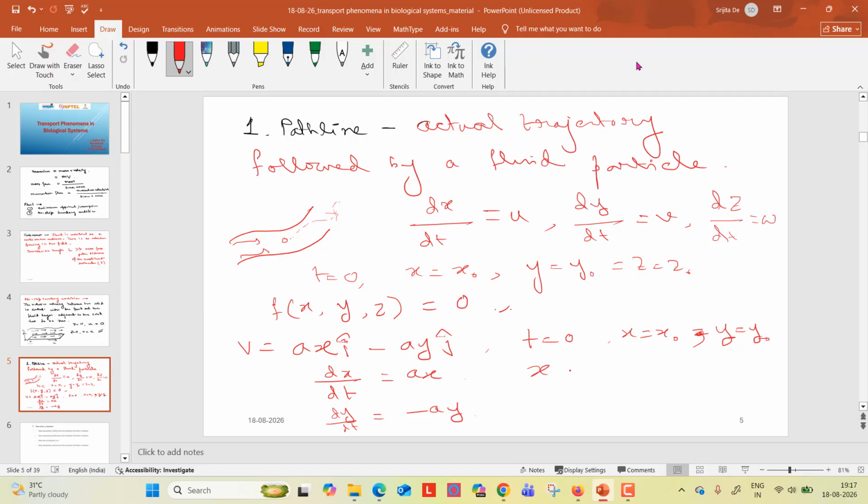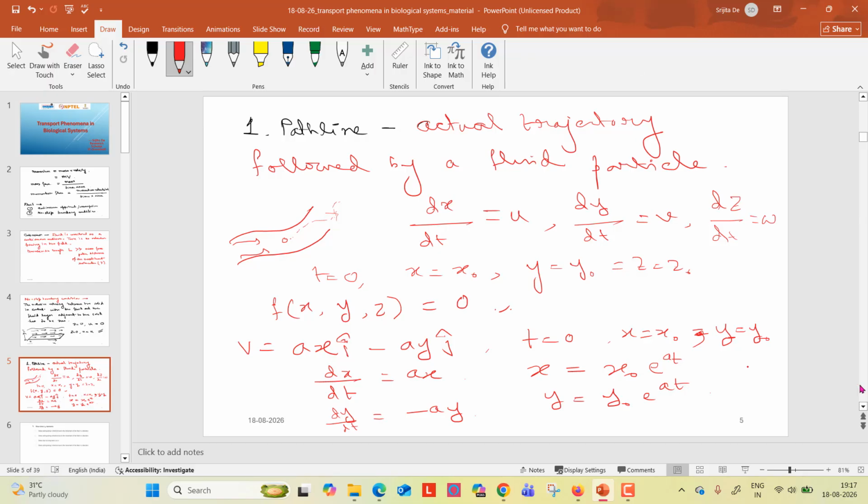If you integrate and put the value at t equals 0, it will come as x equals x0 e to the power at and y equals y0 e to the power minus at.